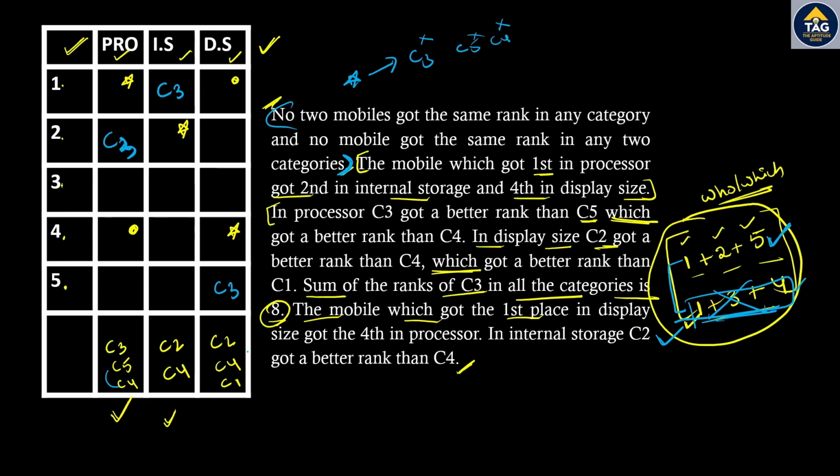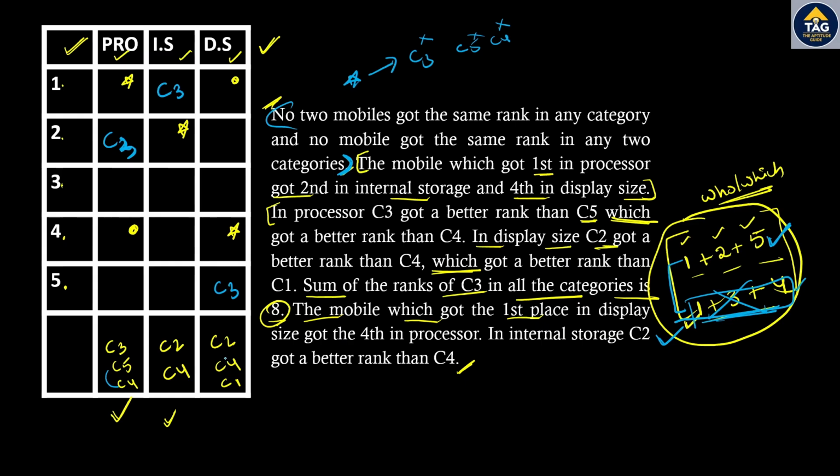Let us look at display size once. In display size, can C1 get first rank? I am sure there are at least 2 mobiles placed ahead of C1. So that's obvious, C1 cannot get first rank in display size. Okay, we are talking about star anyhow. Here, with the same logic, now let's talk about C2.